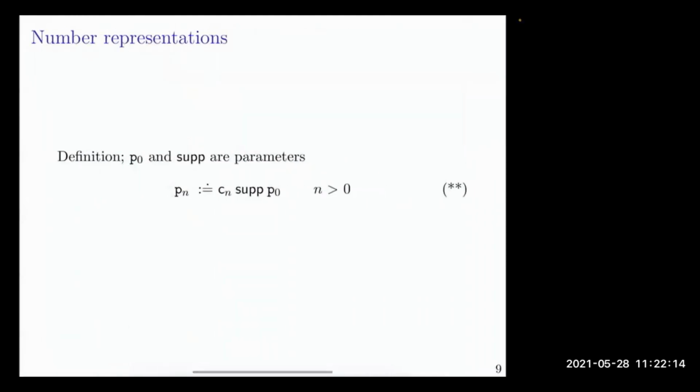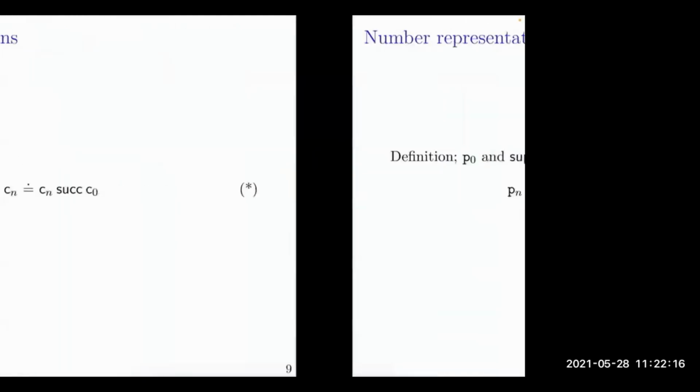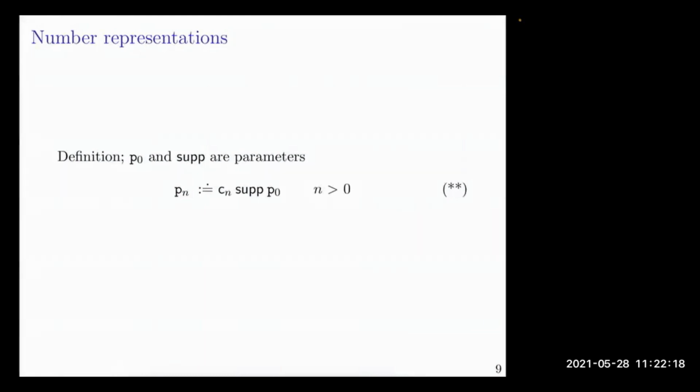So if we make slight modifications, we replace suc and C0 with some new terms, sup and P0, which are just parameters. This can be considered as a definition. It defines some terms Pn depending on n, so we define a family of terms, a sequence of terms.